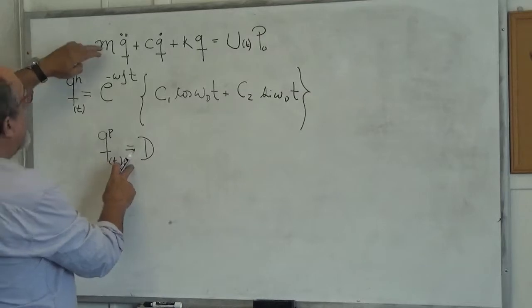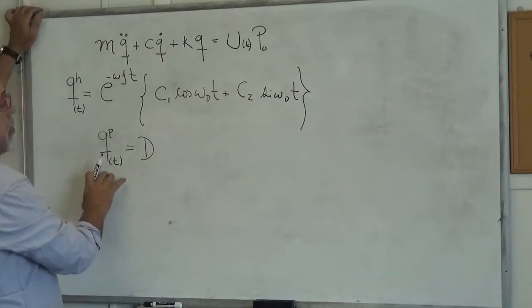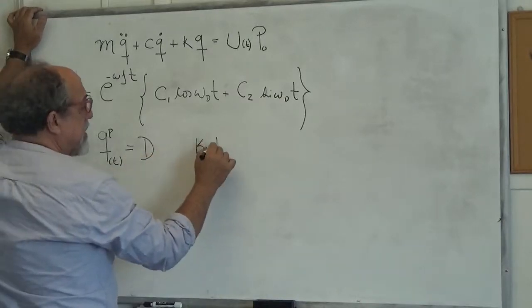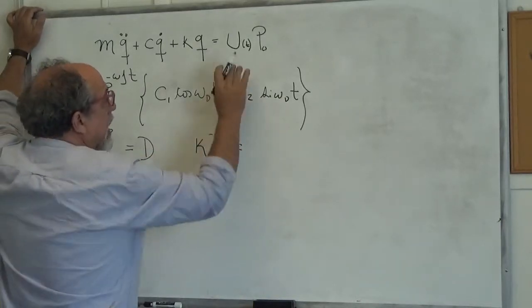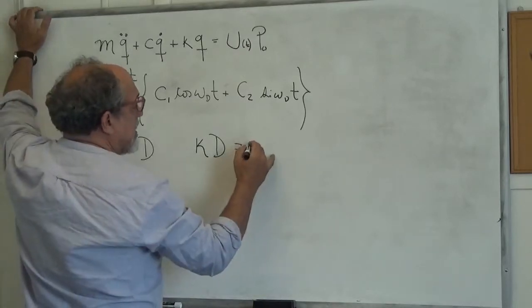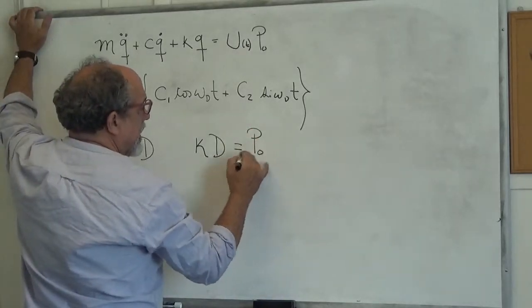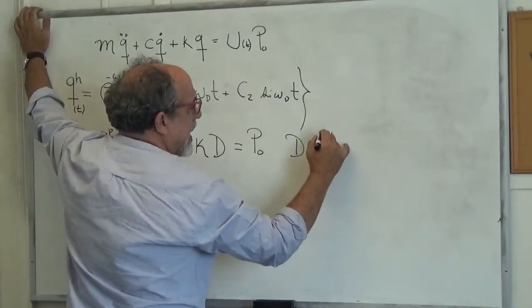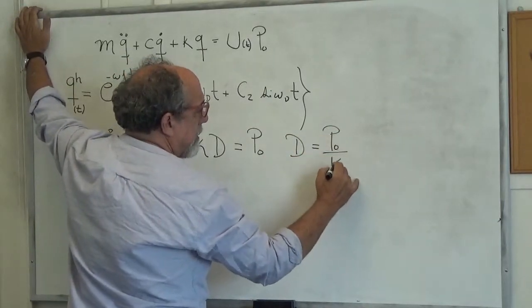That means that the first and second derivatives of the particular solution are 0, and then we simply have k times the constant d equals P0, where the step is understood. So the constant d is simply P0 over k.